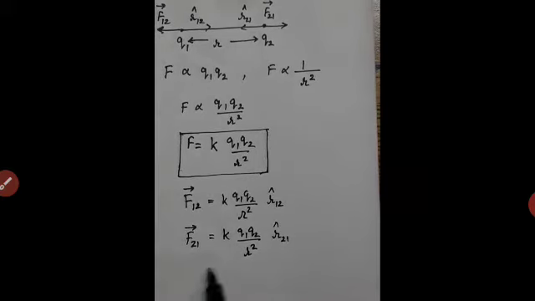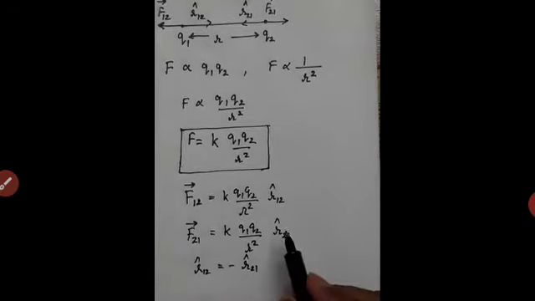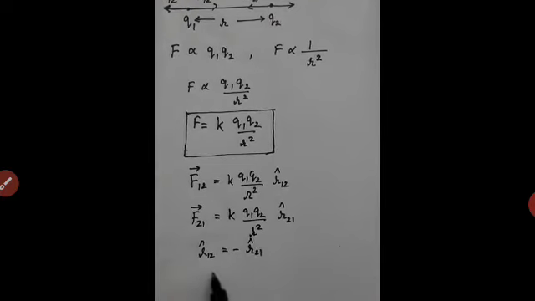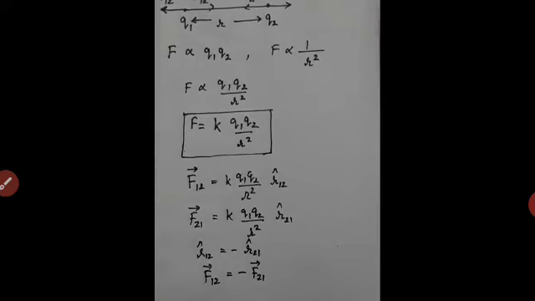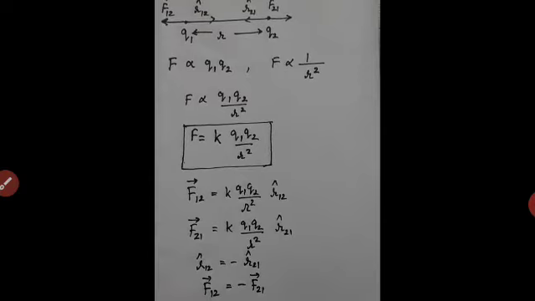But we see that these unit vectors are acting in the opposite direction, so we write r21 is equal to minus of r12. This gives us the relation that the force F12 is negative of F21. Thus we see the two forces are equal in magnitude but opposite in direction. So the two like charges repel each other with equal amount of force.